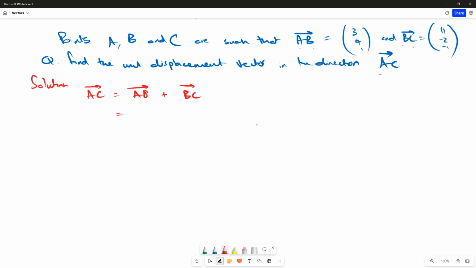Now AB is basically 3, 4, 1, and BC is 11, negative 2, negative 1. And when we add it up, we get 14, 2, and 0. And this is going to be vector AC.